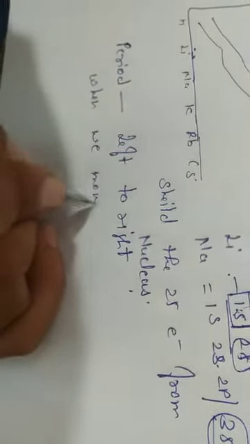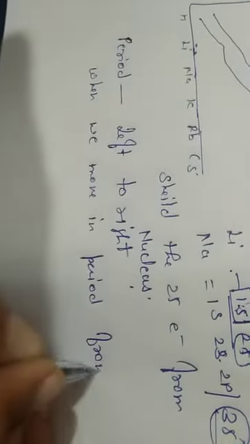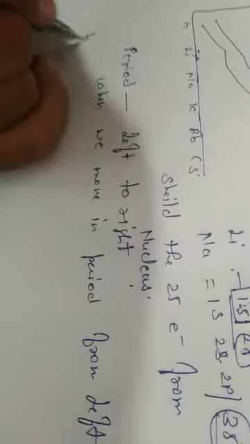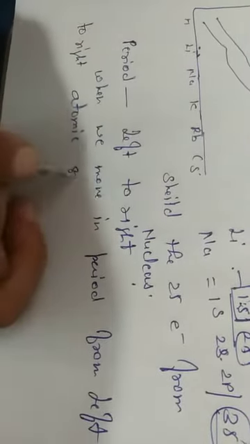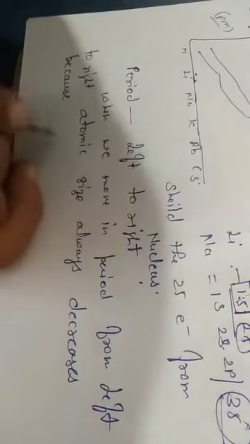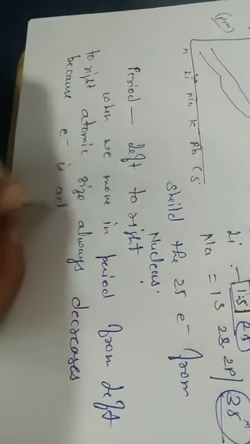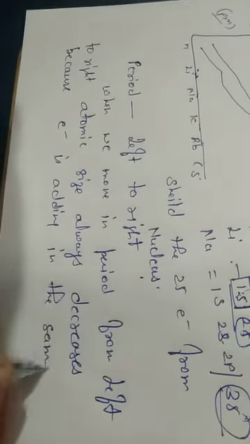Okay. So when in any period we move from left to right, atomic size always decreases because electrons are added in the same shell.